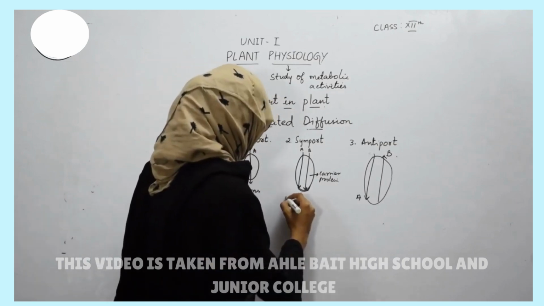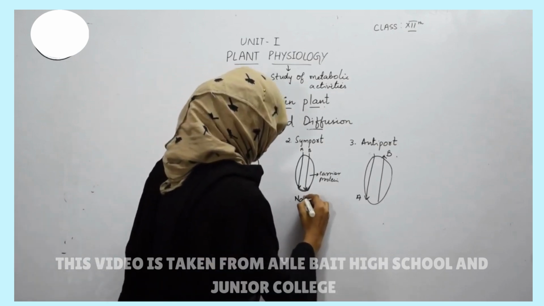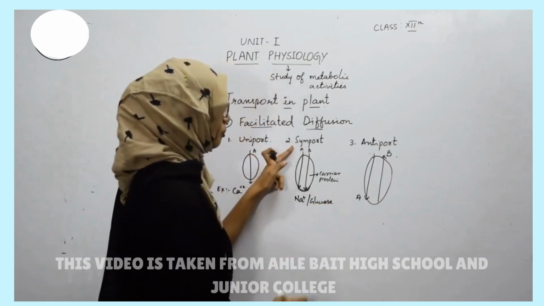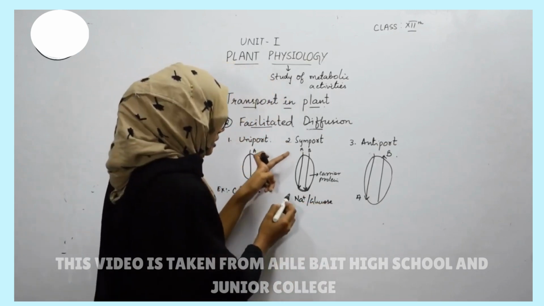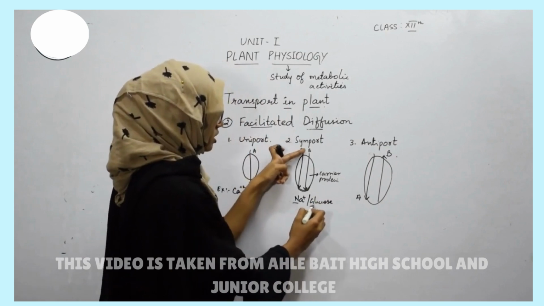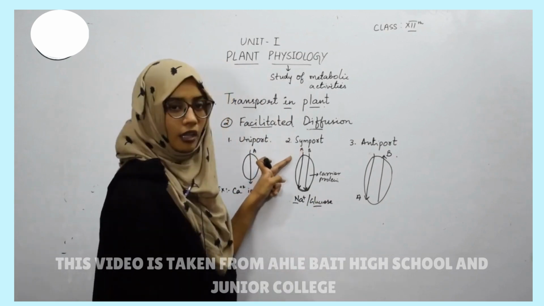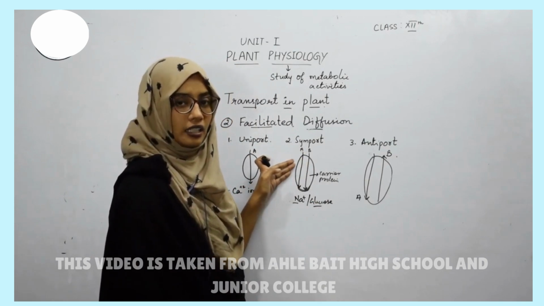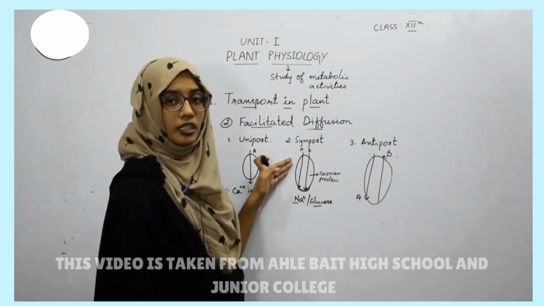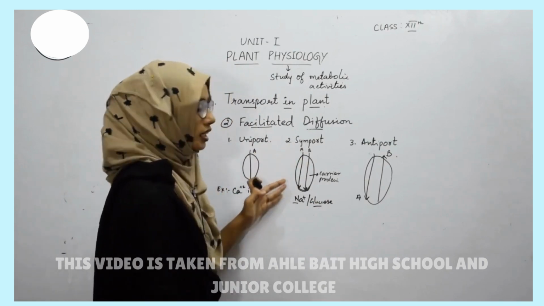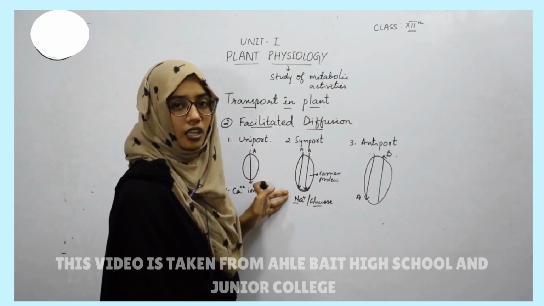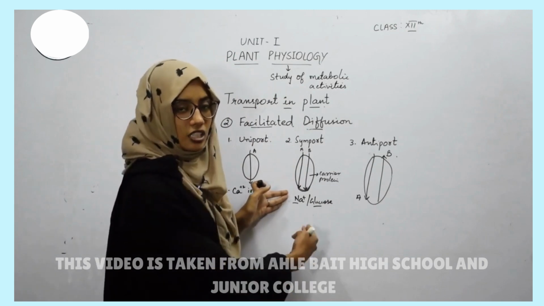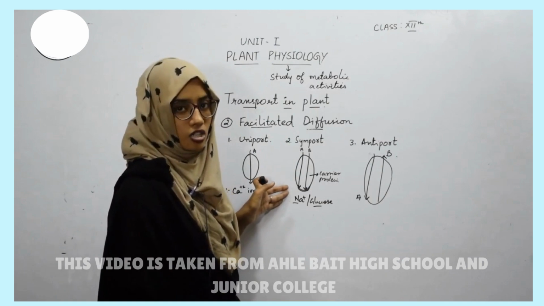Whereas we take an example of sodium ions and glucose under symport. Let us take A as sodium ions and B as glucose. So the sodium ions and the glucose are getting transported to the intestine through symport. That is, they move in one direction. The carrier protein takes these particles in the same direction.